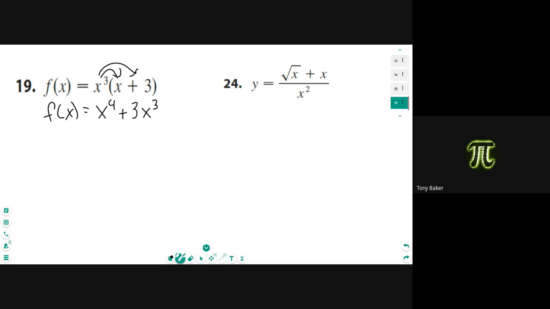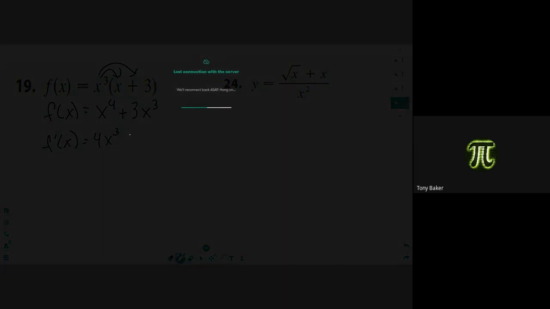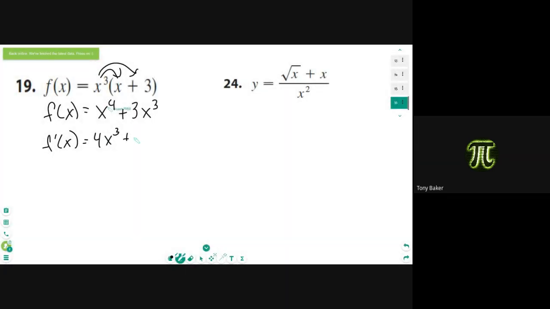Now that we've got it down to just addition and subtraction, now I can do my derivative. 4x to the third plus 9x squared. Okay. So it's just the little things.